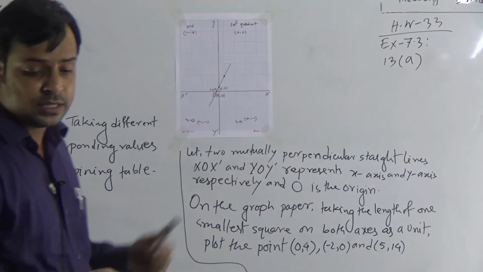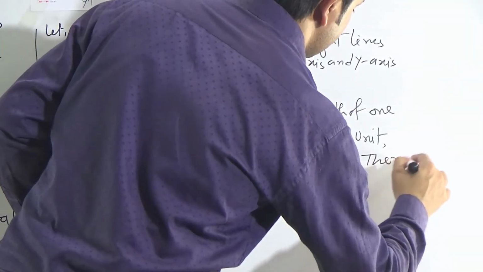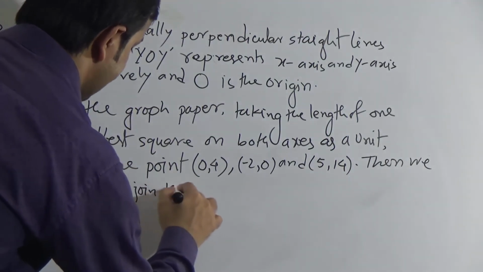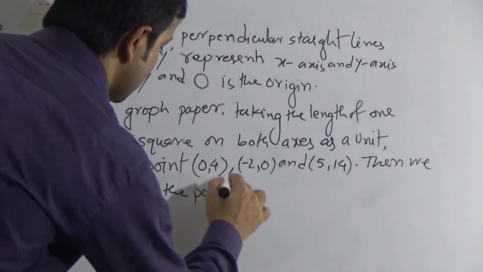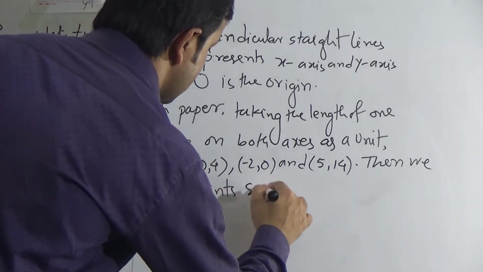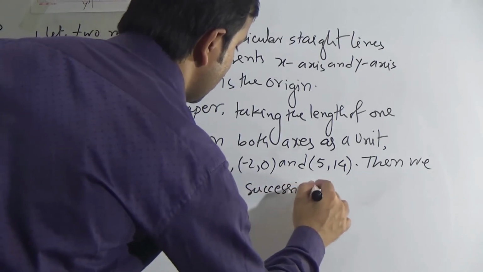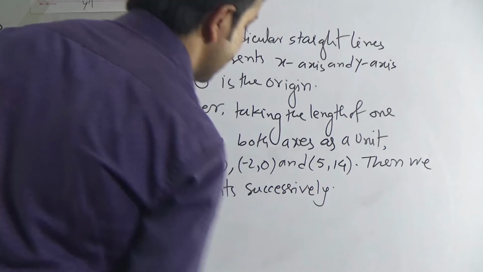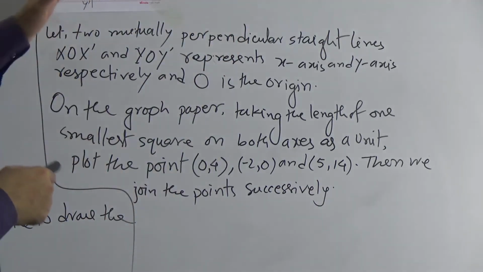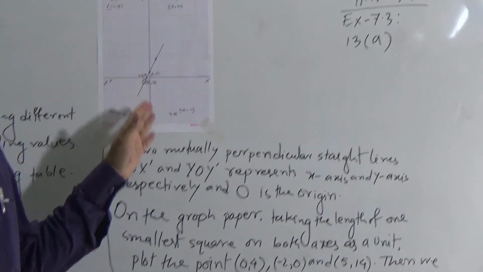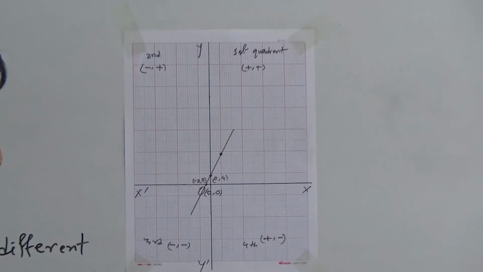Okay, dear students, now see. Then we join the points successively. If we join the points successively on the graph paper, we get a straight line.